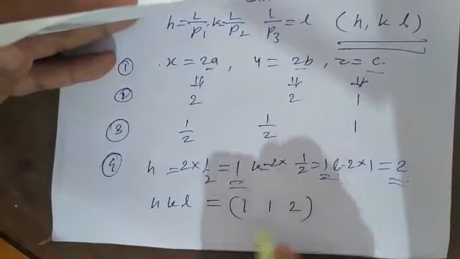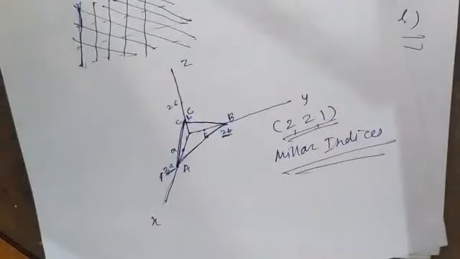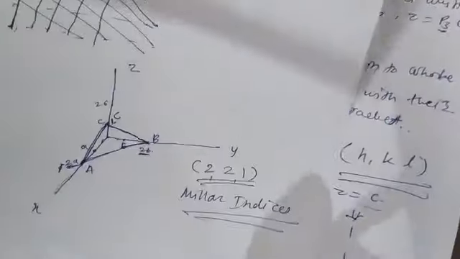This represents the Miller indices of this plane, (1 1 2). Similarly, we can find the Miller indices of any plane.